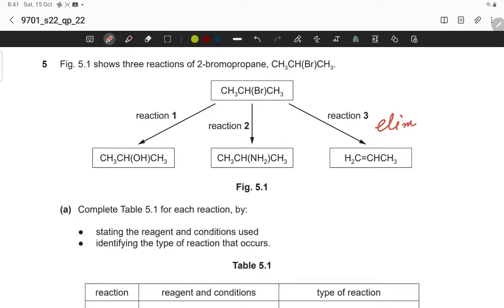These are nucleophilic substitution, also SN1 or SN2 reactions. Because this is a secondary haloalkane, both SN1 or SN2 are possible.